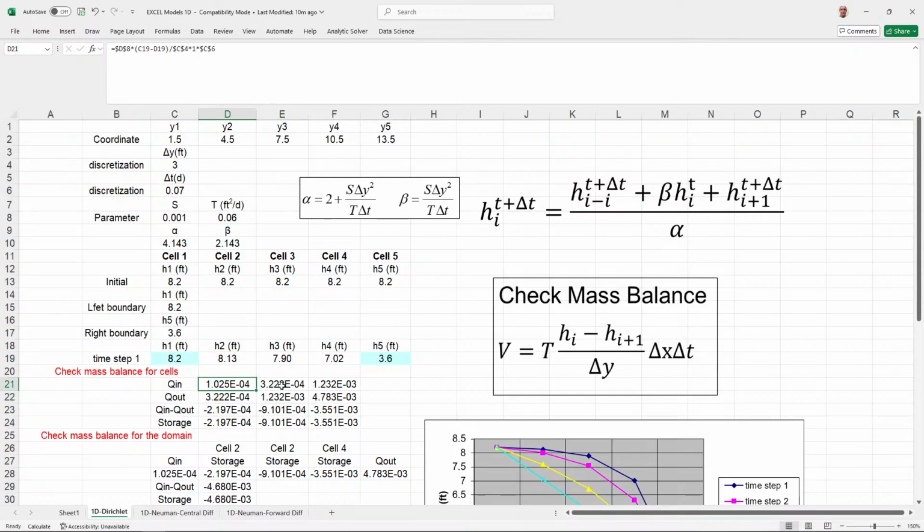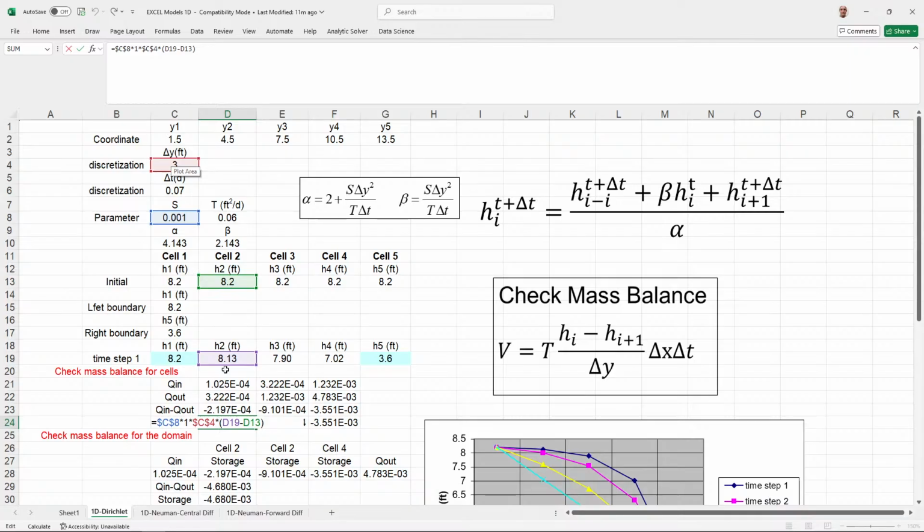For the next cell, what's Q in? It will be the difference between this head and this head. And what is Q out? That would be the difference between this head and what's going out of it, and so on. The difference between Q in and Q out would be the change in storage, which you can also calculate from the change in storage equation.